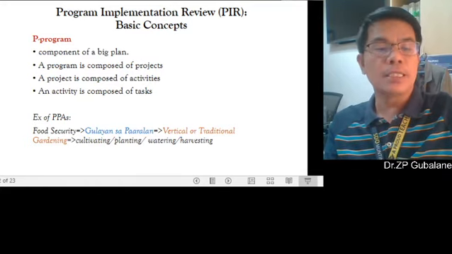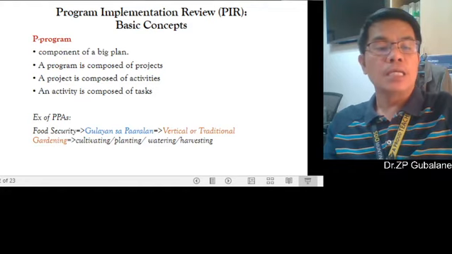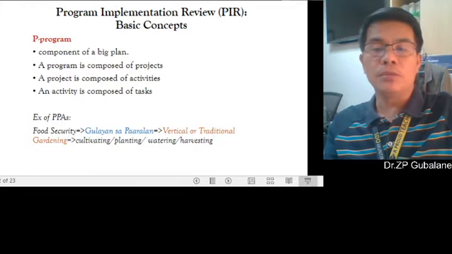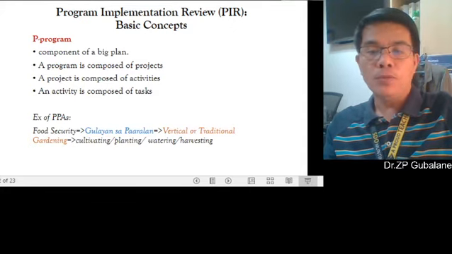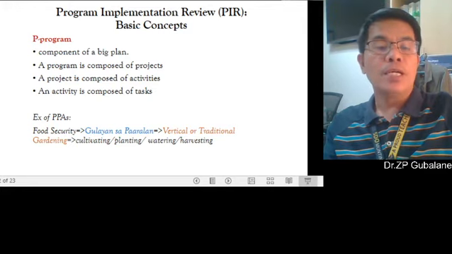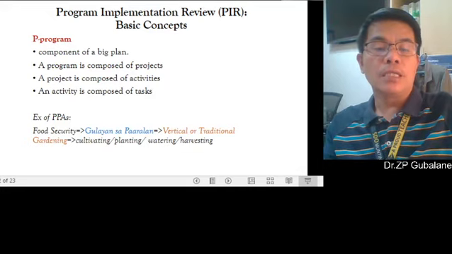Now, an example of PPAs or program, project, activity is shown below. As to plan, we can consider food security, a plan for food security. And then as to program, one of the components of a big plan, we can say Gulayan sa Paaralan as a program. And then as to project, we can say vertical gardening.